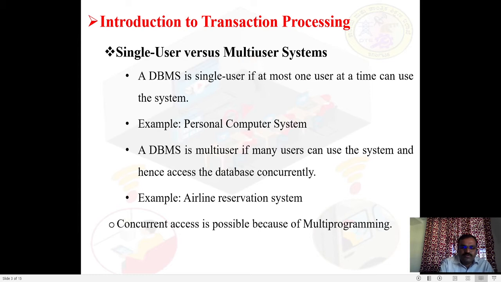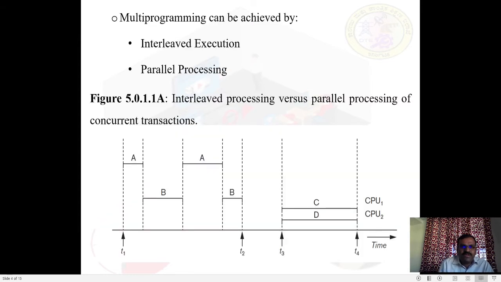Multi-programming can be achieved by interleaved execution and parallel processing. This diagram illustrates interleaved processing and parallel processing.